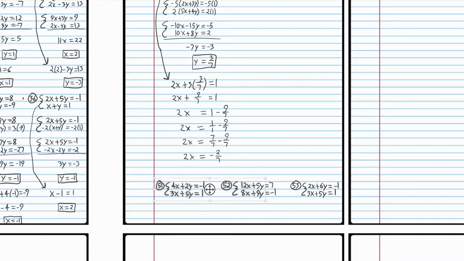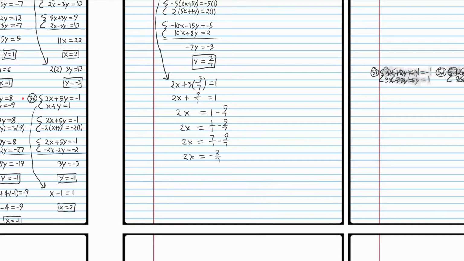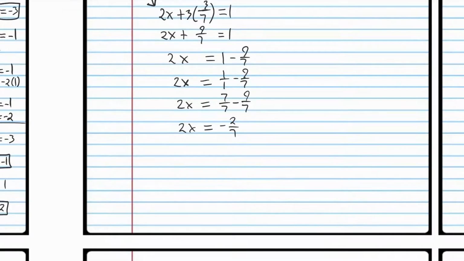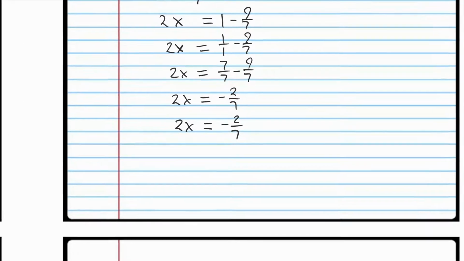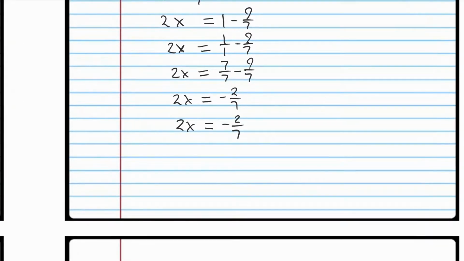I'm just going to get rid of these equations altogether. Sorry about that, having to move this stuff around. And then we have to isolate, so I'm going to rewrite. We don't usually rewrite for these problems, but since we're going to come up with a complex fraction here.